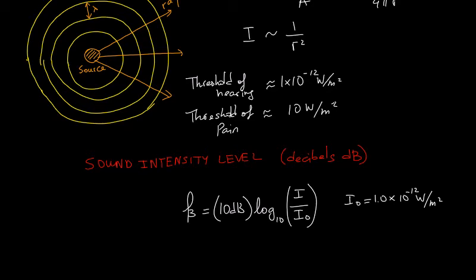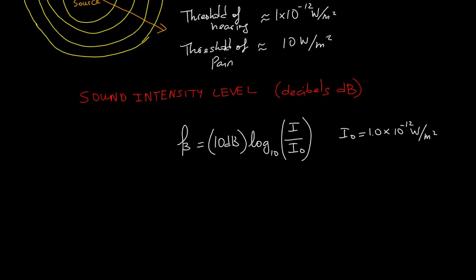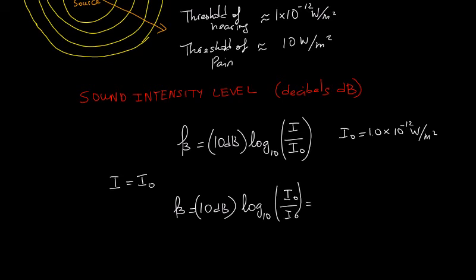Right at the threshold of hearing, if the intensity equals the intensity of the threshold of hearing, then our intensity level beta would be 10 decibels times log base 10 of I naught over I naught, which gives us 10 decibels times log base 10 of 1, which equals 0 decibels.